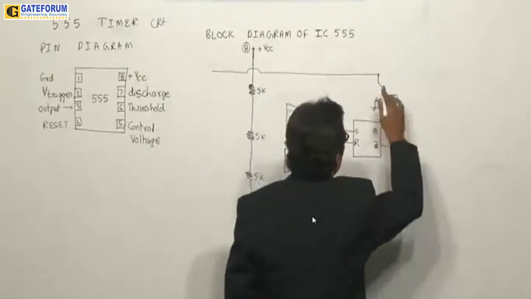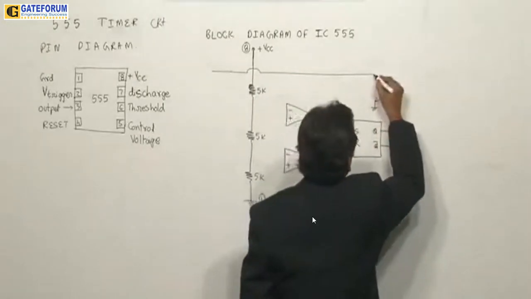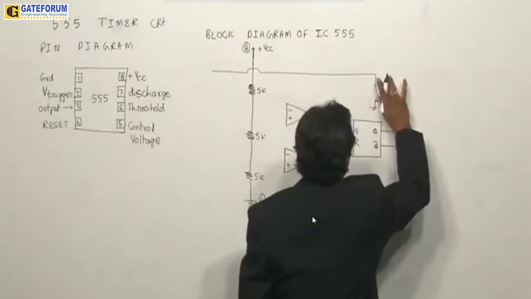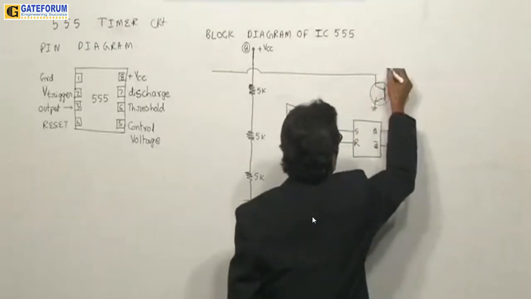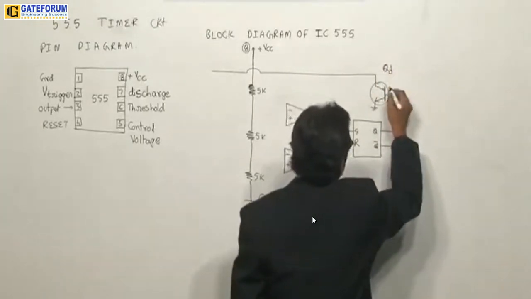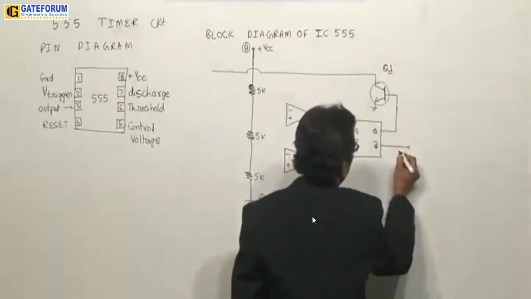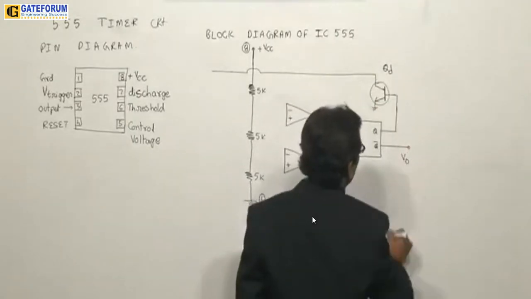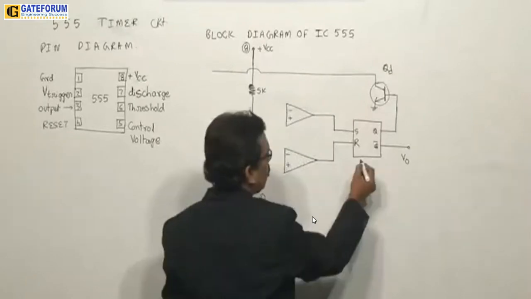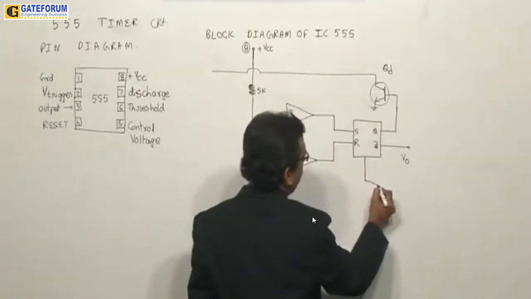Now the collector of this is connected to this transistor. Now this is called discharge transistor QD, and you have the output here. This is the final output that you are going to get from this Q bar.